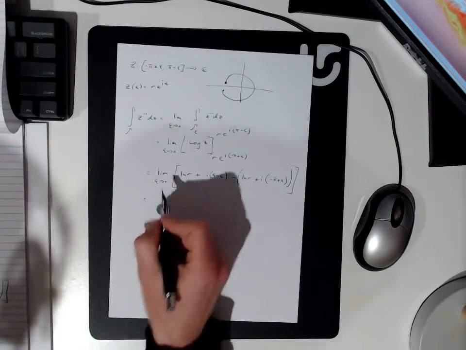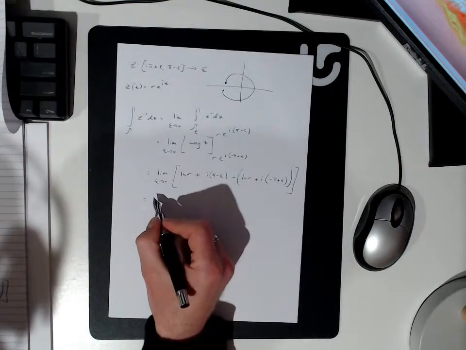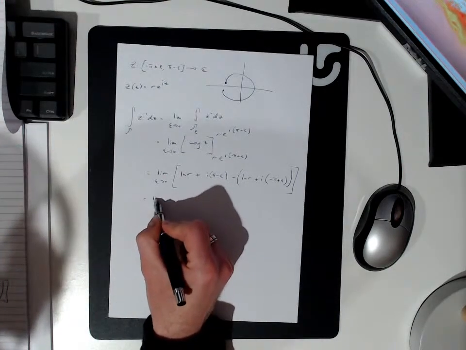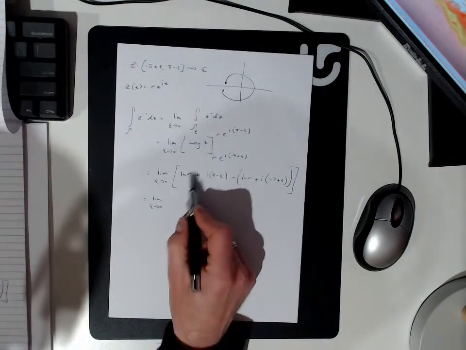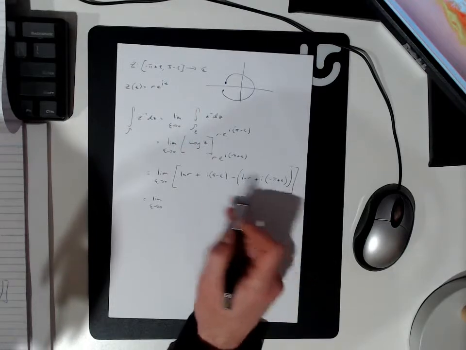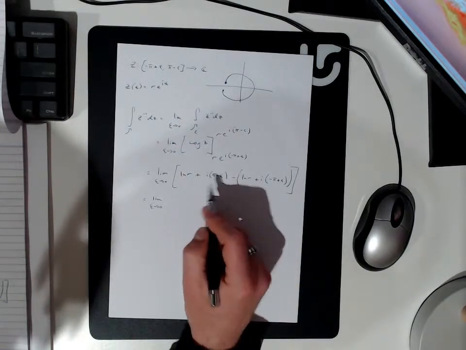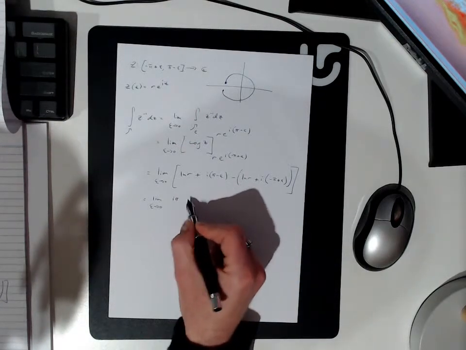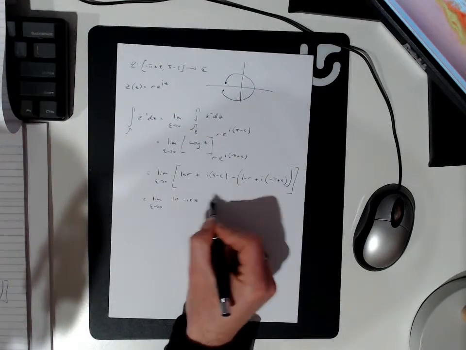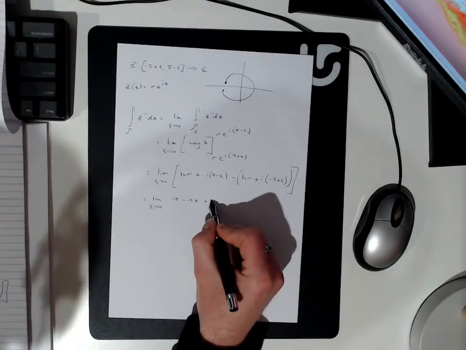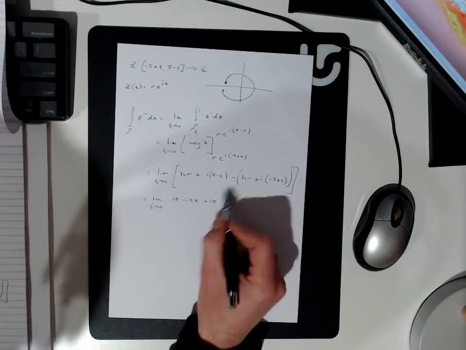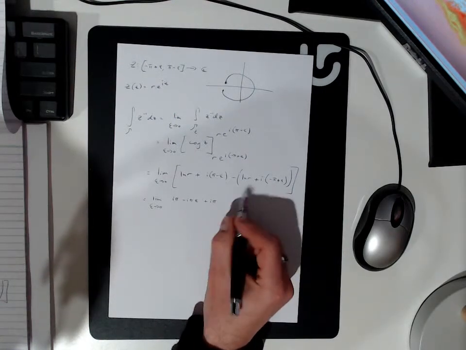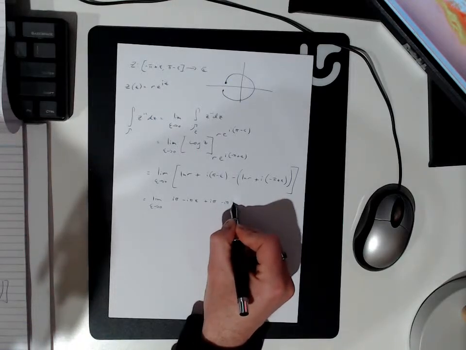And that is equal to the limit as epsilon goes to 0. Well, ln r will cancel with the ln r, and we get i pi minus i epsilon, and we get plus i pi, minus i epsilon.